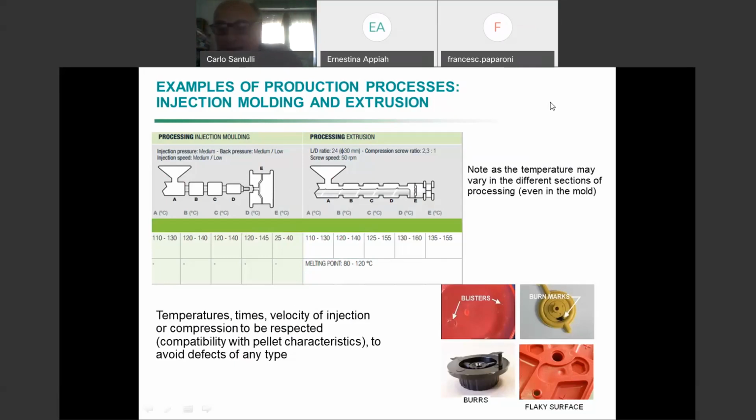I may have a number of problems before I optimize that process. I may have blisters, where some air entered. Something can be burned because I exaggerated with temperature in some sections. I might have exaggerated instead with the flow velocity, so I might have some burn.